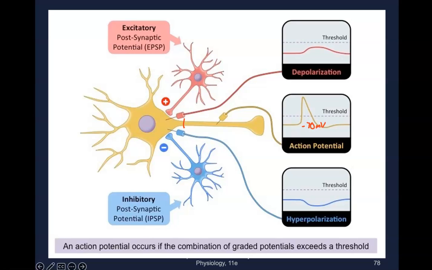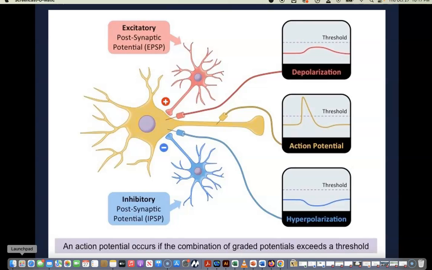But to cause an action potential, and remember, think A: action potentials only happen in the axons, we need to bring that voltage across the membrane up to about negative 55 millivolts for an action potential to occur. So negative 55 millivolts, if you can see my horrible writing here.